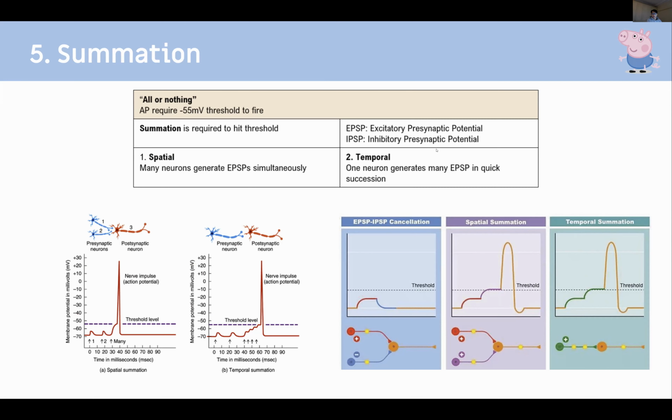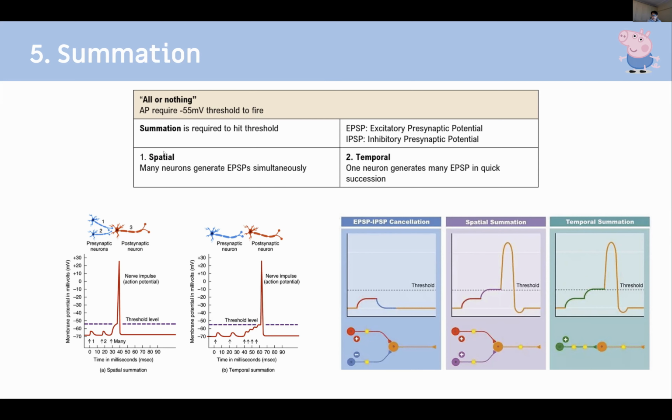If you think about the neuron previous to our postsynaptic neuron, it's going to be firing multiple action potentials and releasing its own signals. So there are two ways that we can generate enough depolarization to reach our threshold.